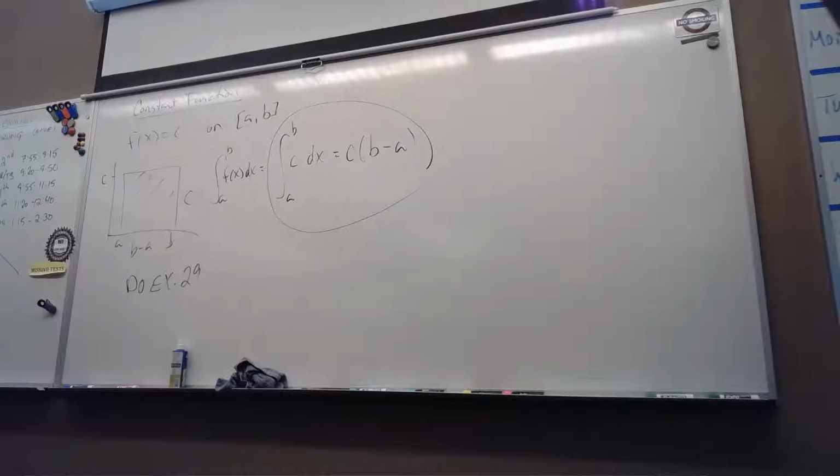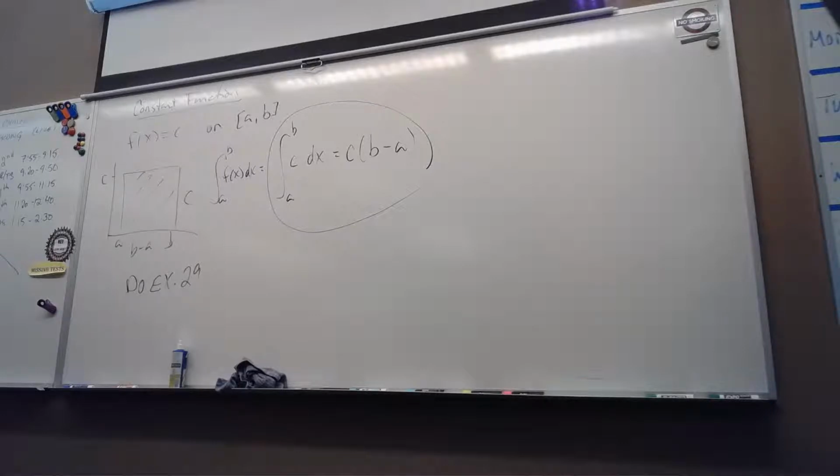Here's what we did. We said, if we take some curve and we want to know the area under it, we can split it into lots of little rectangles and add them all up. We said that this was the sum of all the rectangles, where the function is the height of the rectangle and delta x is the width of the rectangle. The more rectangles we have, the more accurate it is.